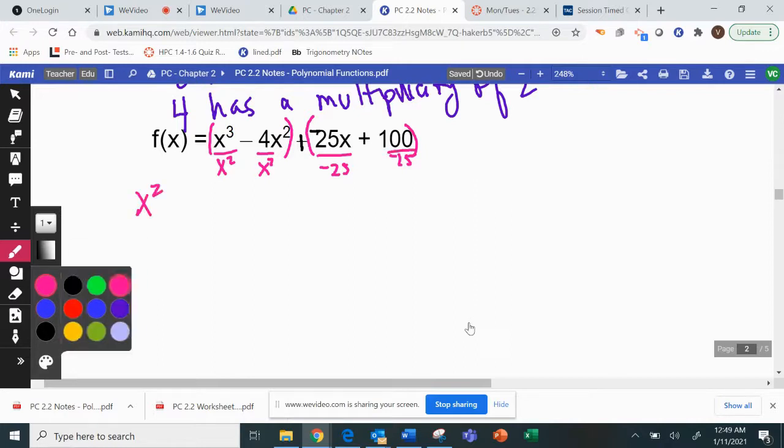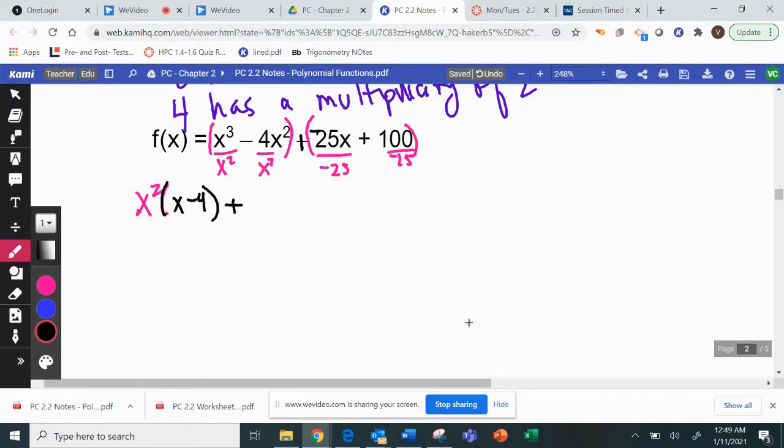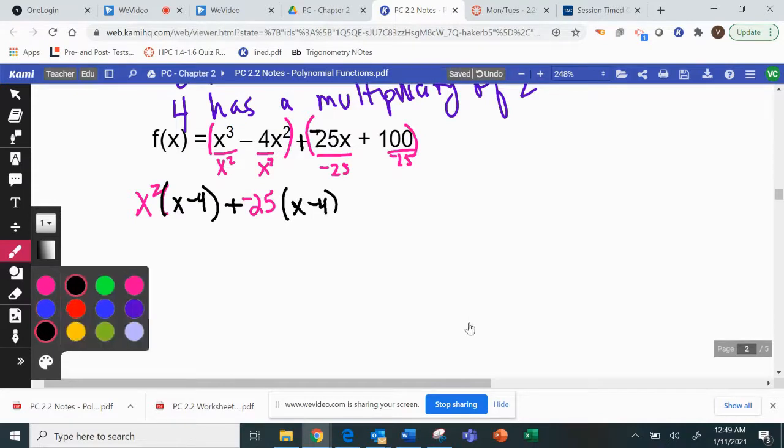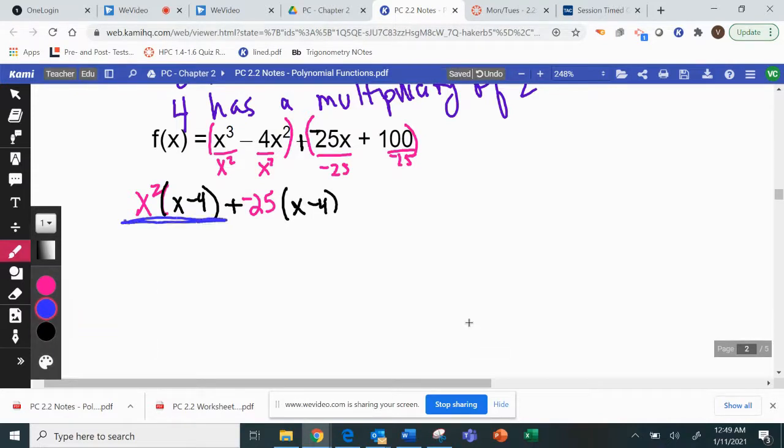So x squared times x minus 4, plus, I factor out that negative 25, and I'm going to be left over with x minus 4.